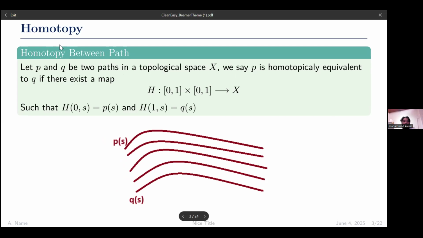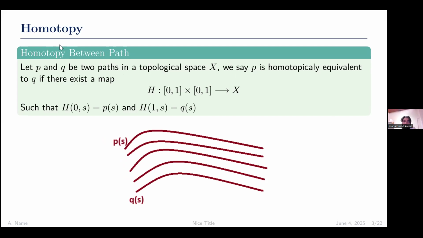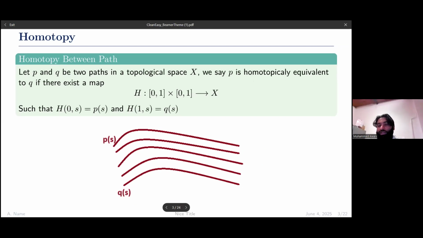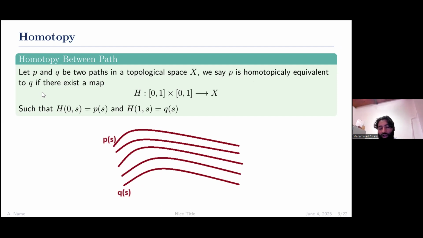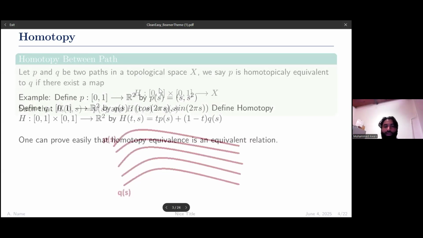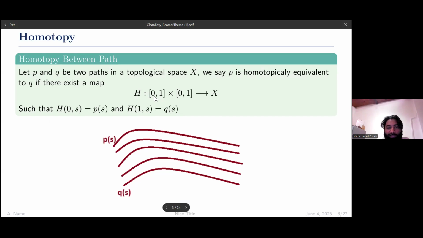So homotopy between paths. Let P and Q be two paths in topological space X. We say P is homotopically equivalent to Q, which means I can transform P continuously to Q, if there exists a map H from interval cross interval to X. One coordinate of this parameterization represents the time, and the other represents the path.